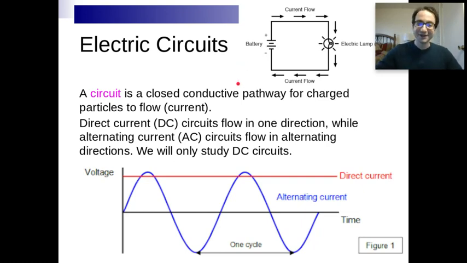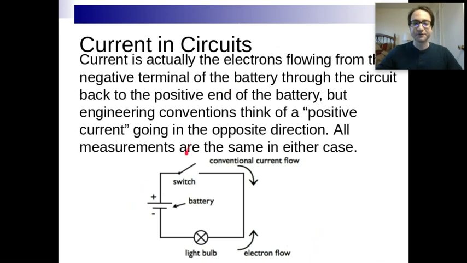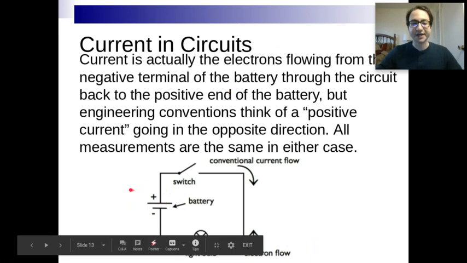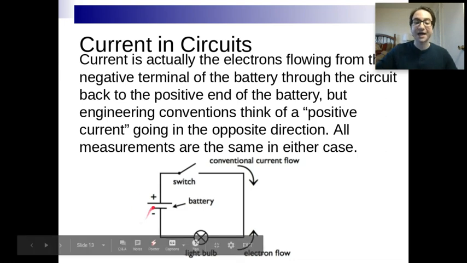And one last thing, like I mentioned before, but here's just a picture of what I said. Even though we pretend current may go one way around a circuit, if you think of the other way, it's completely identical in all other measurements. Conventional current flow, the way we kind of pretend current goes as far as engineering schematics go, is that the positive charges flow around the circuit.